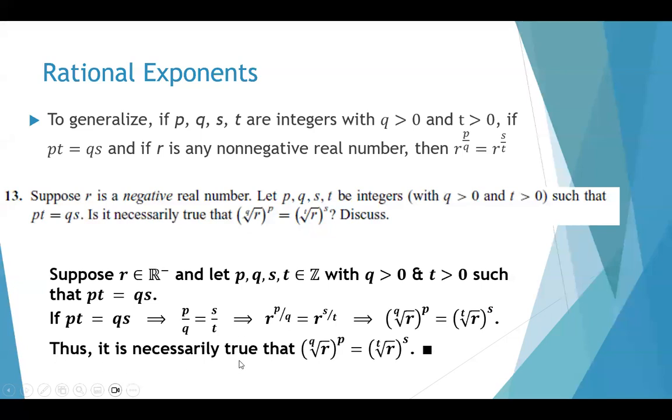Thus, it is necessarily true that the qth root of r to the power of p is equal to the tth root of r to the power of s. So that's an outline that I would use to prove it, and then discuss why this is true. Is it necessarily true? Yes, I'm showing you that it is, and then you're going to get to talk about it.